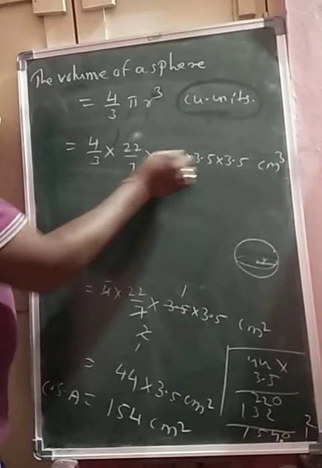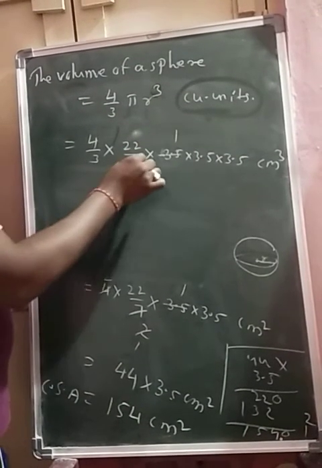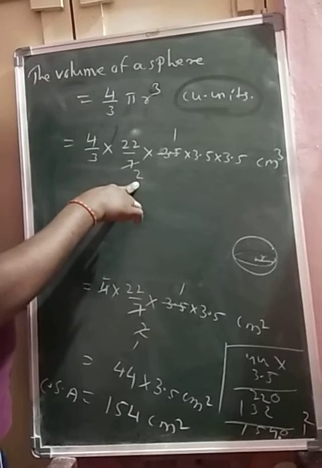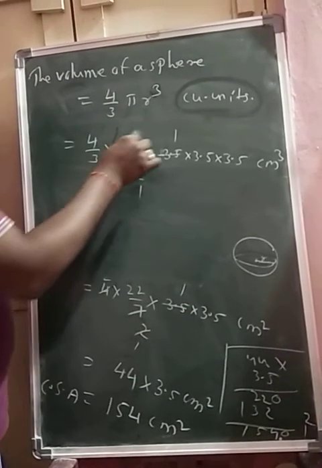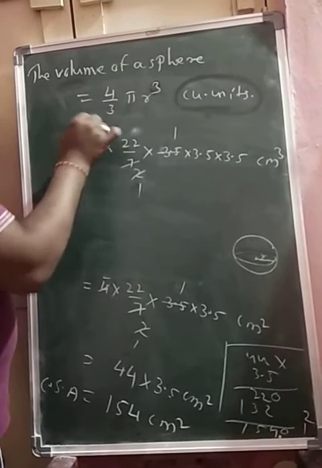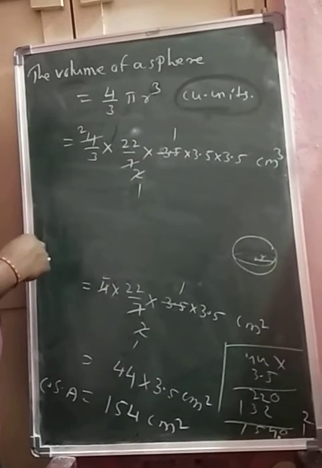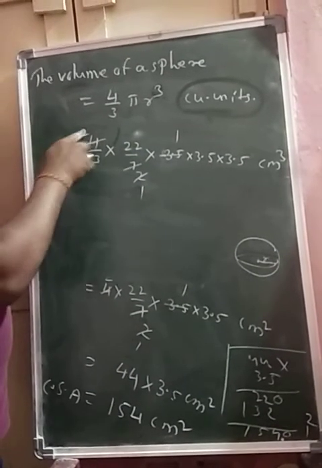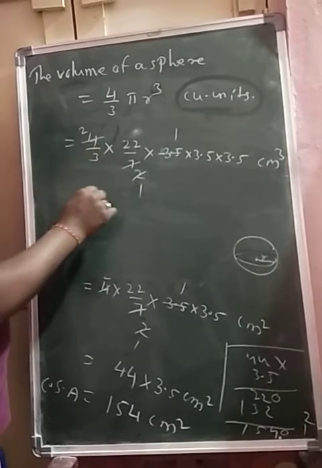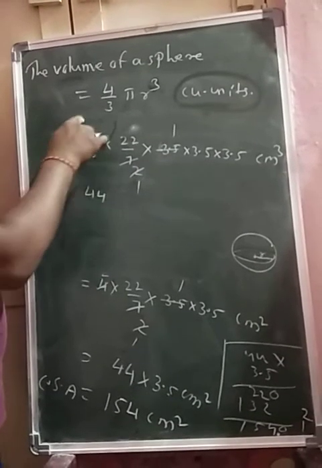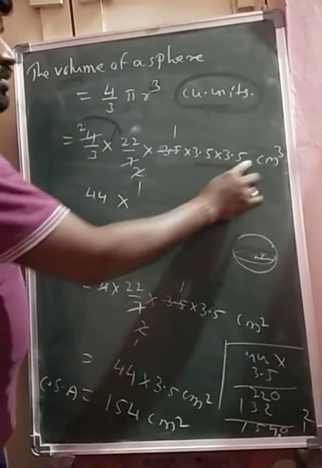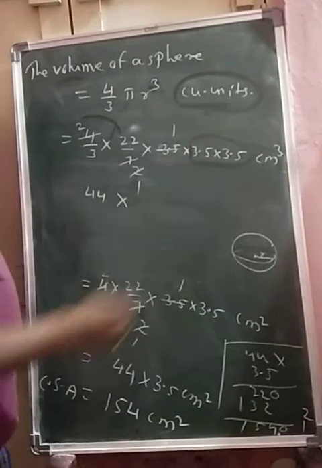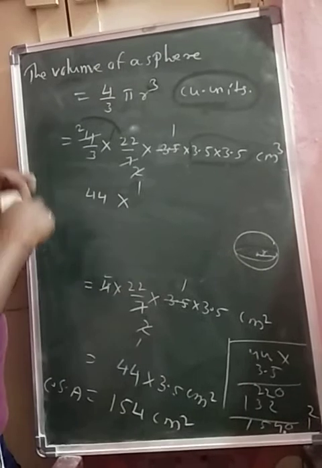Now again 3.5 ones are 3.5, 3.5 twos are 7, 2 ones are 2, 2 twos are 4. Now 2 into 22 means 44. So 44 into 3.5 into 3.5. 3.5 into 3.5 means what?